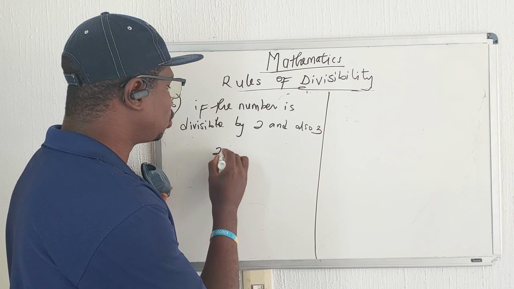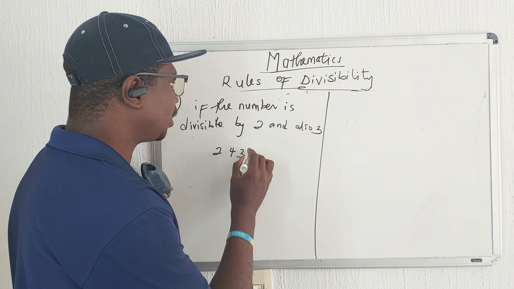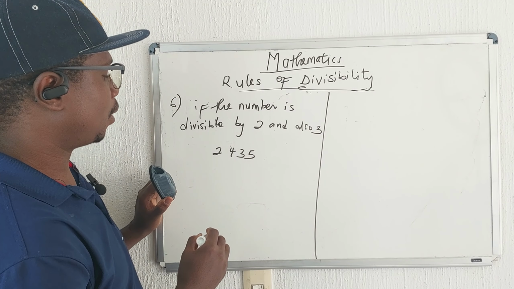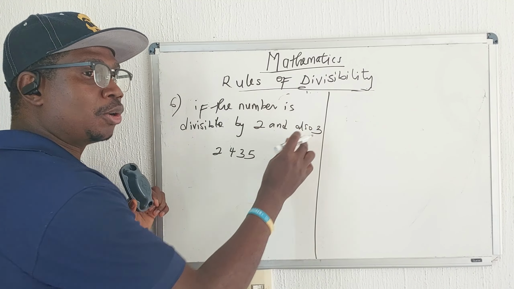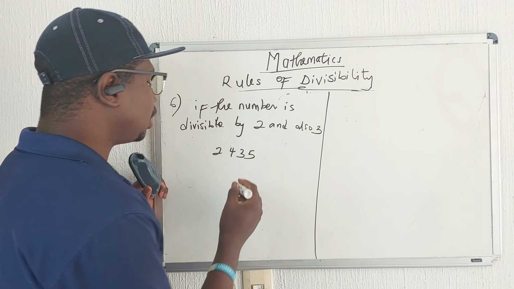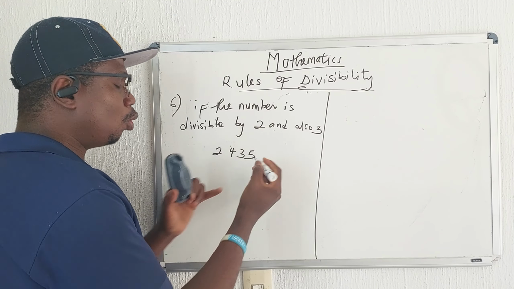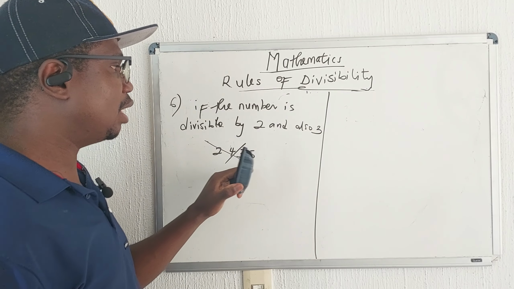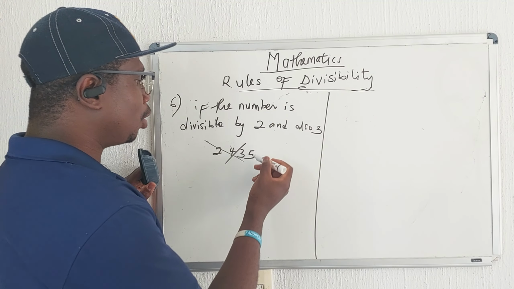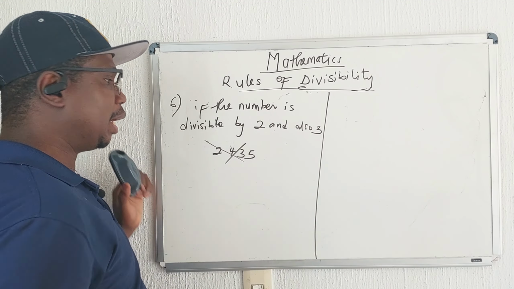For example, we have 2, 4, 3, 5. So we have to test if it's divisible by 2 and also divisible by 3. Is this divisible by 2? No. So automatically it can't be divided by 6 because the last number is not an even number and it doesn't end with 0.